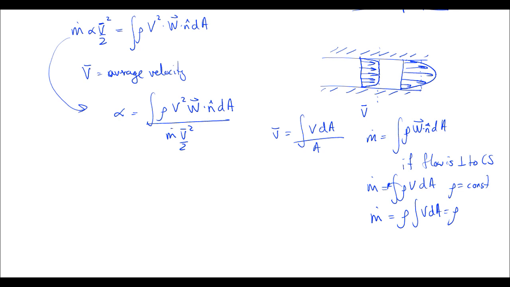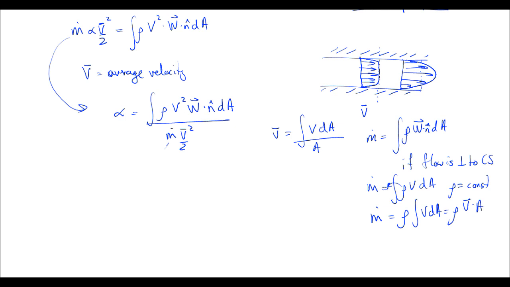Cool. So we know how to get m dot, and we know how to get v bar when we have a variable velocity across our inlet and outlet. Now the only question is how to handle this upstairs quantity. Well, that is not as hard as we think.